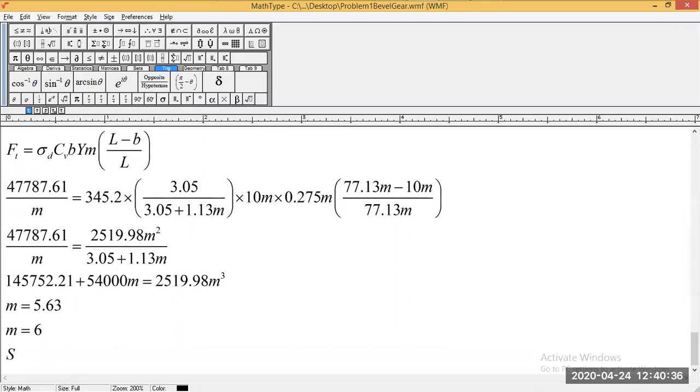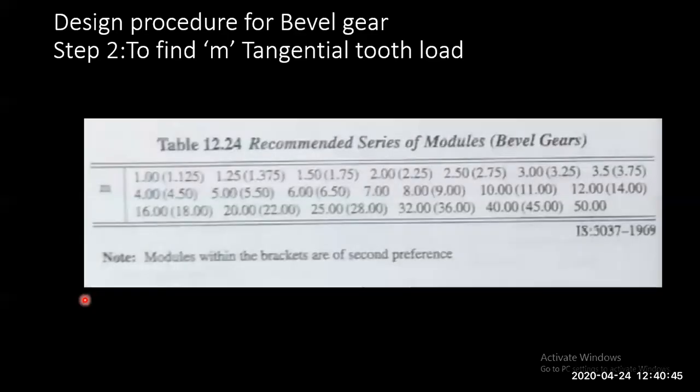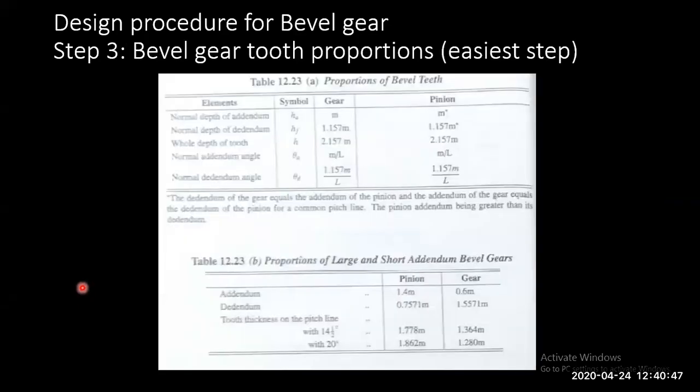Okay. Next we'll move on to step 3. Step 3 is tooth proportions. That is the dimensions of the gear tooth. So from the exam point of view, you can find any few dimensions. You're not required to find all the dimensions here.